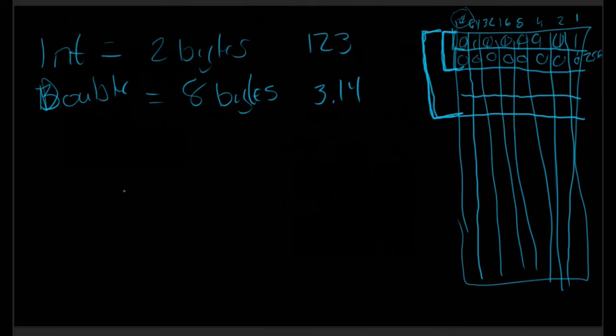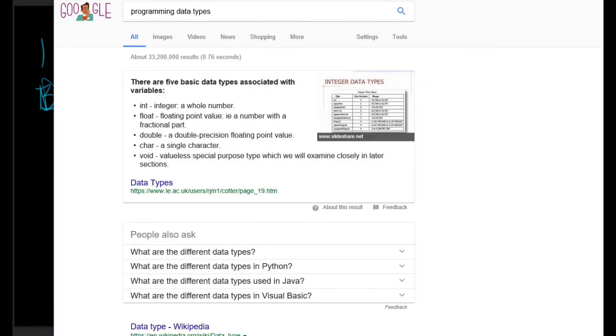Then we have our character. Now, if you remember, our character is a single letter, right? Now we know A, B, C, D, E, F, G, all the way to Z. However, there's other language and stuff like that. In fact, let's see if I can pull up a web page real quick and just show.